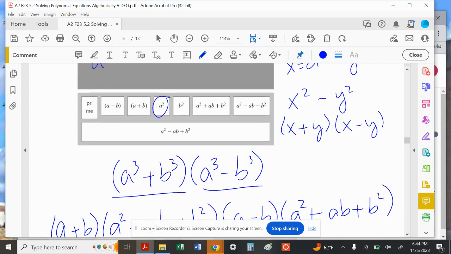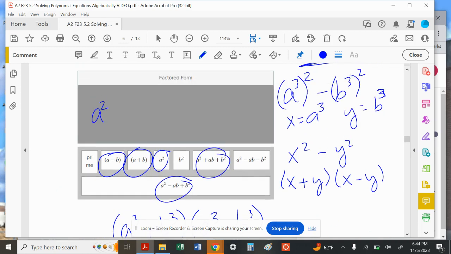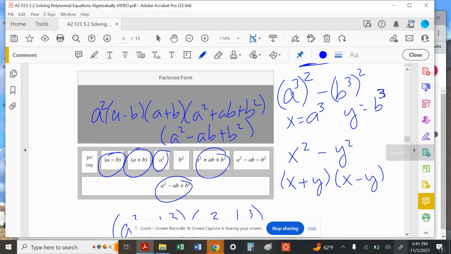So that means we have these other factors: a minus b, a plus b, and a squared plus ab plus b squared, and this one right here. So it'd be a minus b, a plus b, a squared plus ab plus b squared, and finally a squared minus ab plus b squared. So that's what we have when we write everything out.